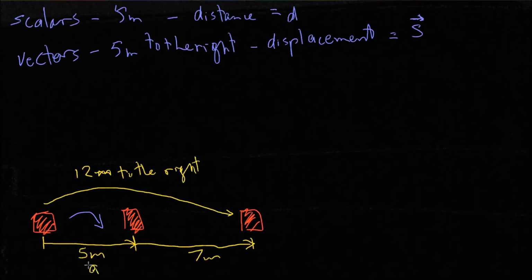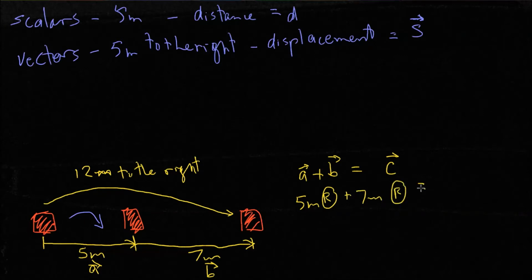Let's call this vector A, and we'll call this vector B. What we've actually done here is we've added these two vectors together. So A plus B gives our new vector C: 5 meters to the right plus 7 meters to the right is equal to 12 meters to the right. And this is very similar to how we add numbers together on a number line.